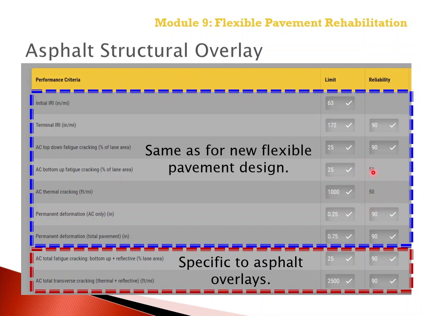And again, the reason it's 50% is because reliability is only applied to what we can see and measure at the surface, which is the combined reflective and new bottom-up fatigue cracks, and reflective and new thermal or transverse cracks.